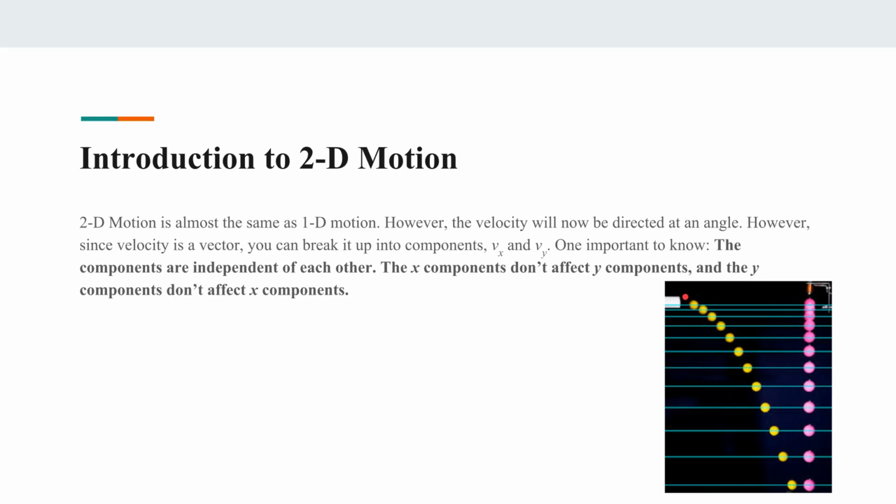An ordinary person might think, hey, the yellow ball has much more distance to travel, so it will be slower. However, that's not true. The x component does not affect the y component. The y component is being accelerated by gravity, and the acceleration of gravity is the same for both the pink and the yellow ball, since they're close to each other.